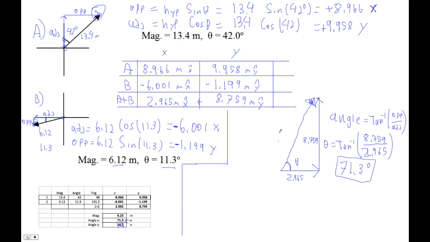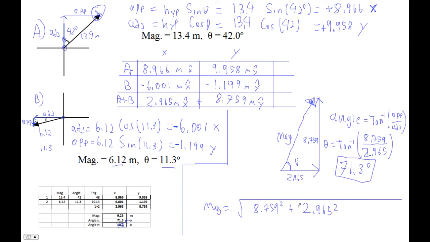Now, to find the magnitude, which is the hypotenuse here, the magnitude is the square root of 8.759 squared plus 2.965 squared. And be very careful. If you have negative, like if one of those was negative, don't put the negatives in there. Square root of 8.759 squared plus 2.965 squared.